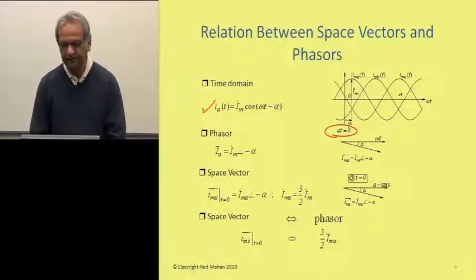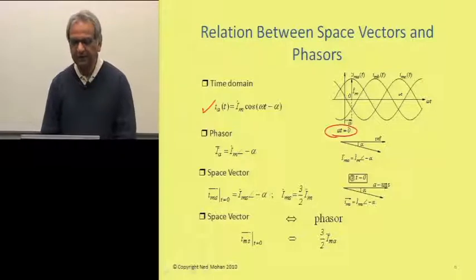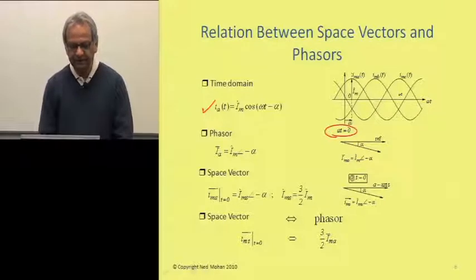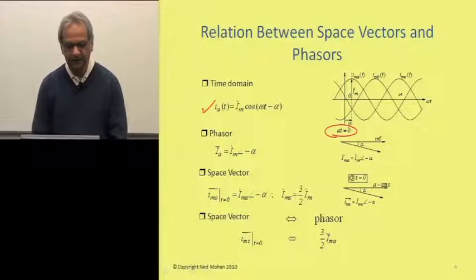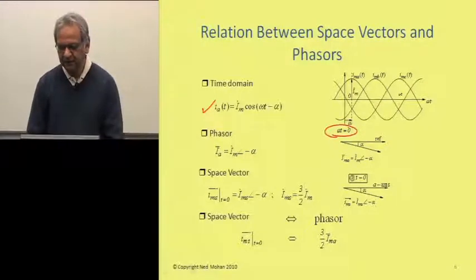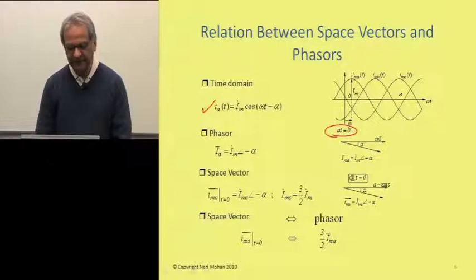But at omega t equal to alpha, as you can see from this diagram, the current in phase A peaks. So given this time domain expression for current I sub A, we can write a phasor expression, using the peak value of this current as the amplitude of this phasor, Im hat, and the orientation would be minus alpha for the phasor representation, which is shown in the phasor diagram on the right-hand side.